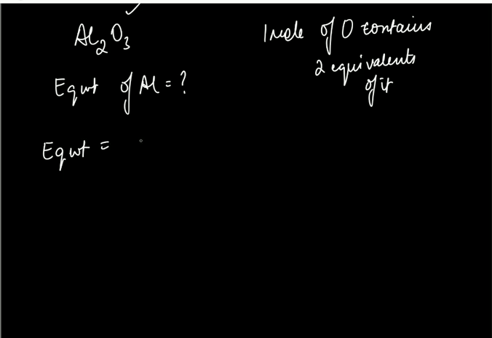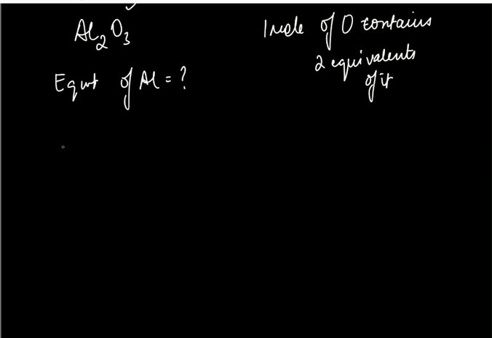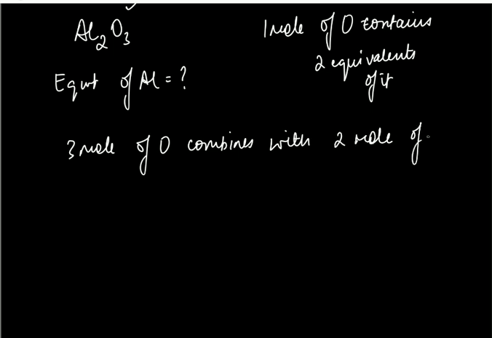So for aluminium, we can say 3 moles of oxygen combined with 2 moles of aluminium. If we write it in the unitary way, 3 mole of oxygen combines with 2 mole of aluminium.